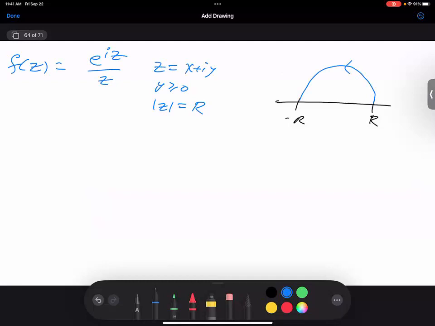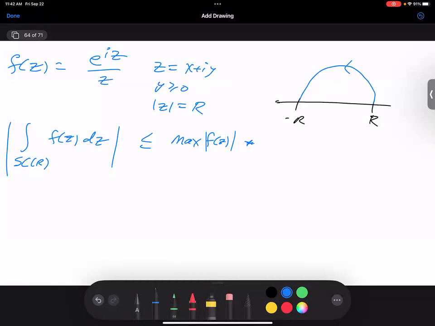And we talked about how last time we could try to say, well, the integral over the semicircle of radius r of f of z dz is going to be less than or equal to the maximum of f of z times the length of the curve. And the length of the curve is just pi r. Right? But what's the maximum value of my function?